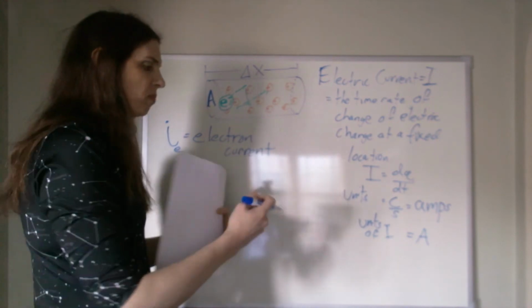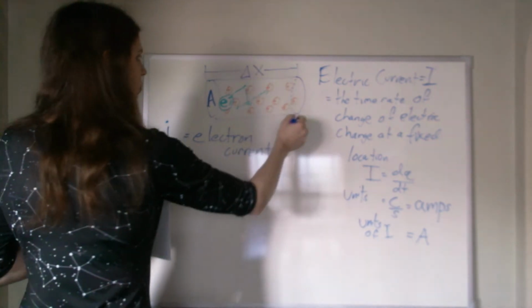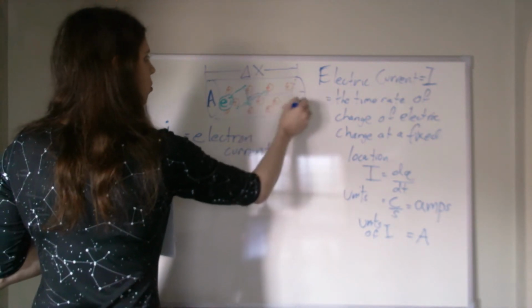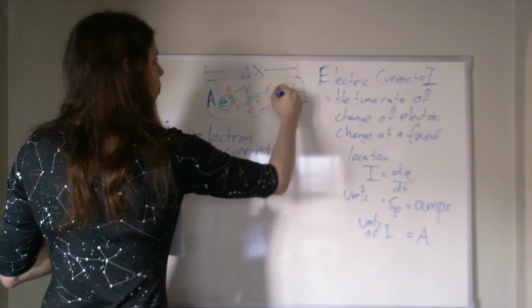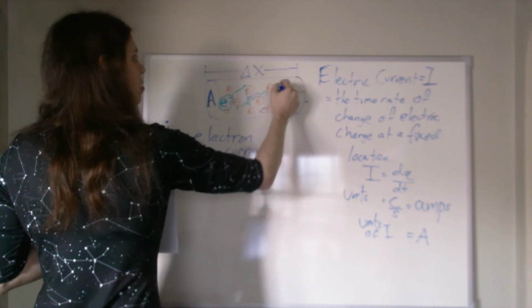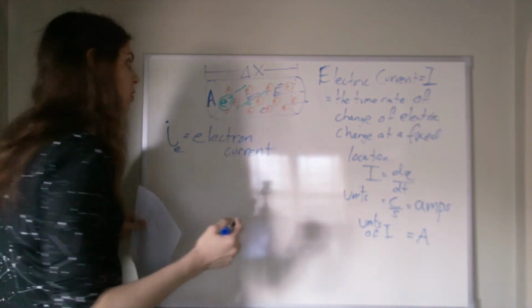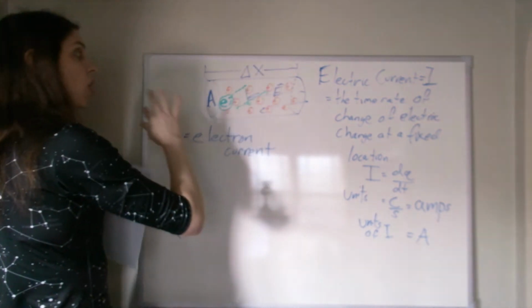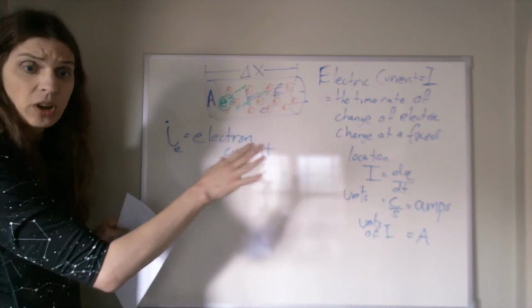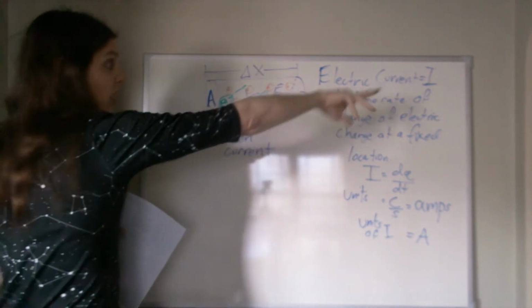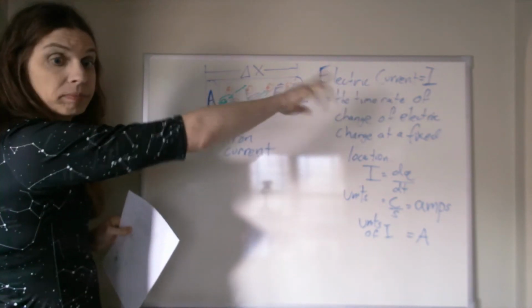Let's say that our field gets to go this way, towards me, towards your left. Then the electrons, absent other charges, are going to accelerate along the way.